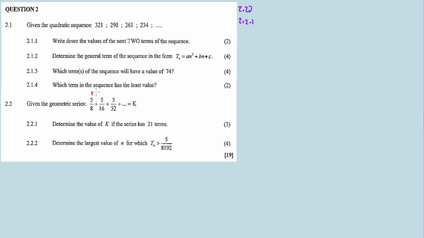So add out T1, T2 as well as T3. I add these terms up until I get to term 21, and I get the value k. So I need to calculate k if these terms are 21. Now we want the sum for this geometric series. A I do have, 5 over 8.